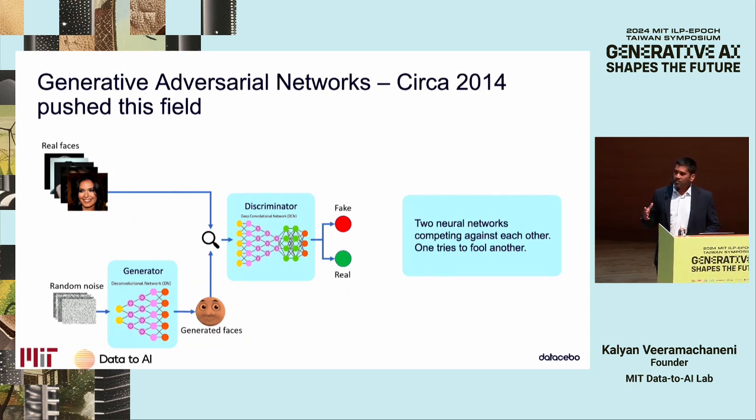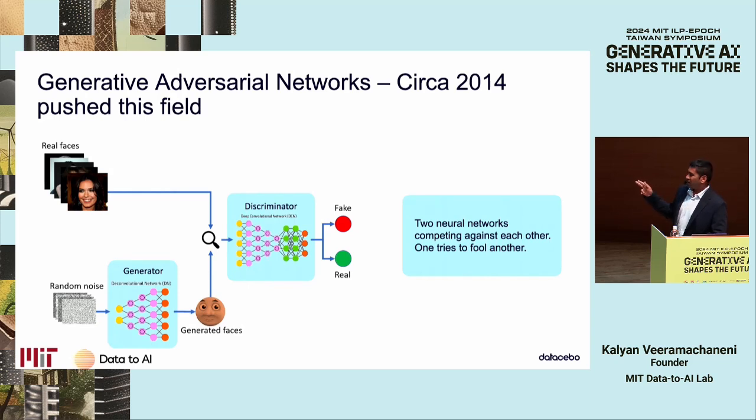A lot of this ability to create real images came from an area called generative adversarial networks around 2014. It pushed this field far ahead of anything else, and that's what we're seeing right now. It's called generative AI, and there was a steady stream of newer and newer algorithms that came out every year. But this was one of the first ones where you have two neural networks competing with each other.